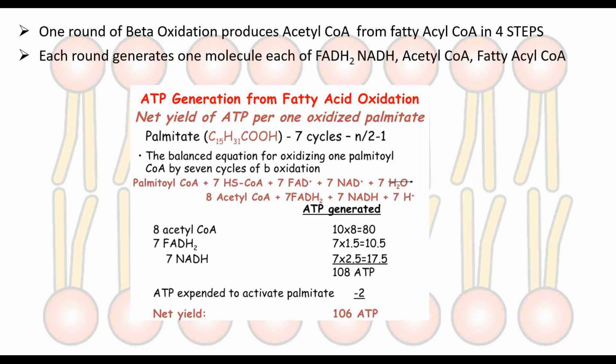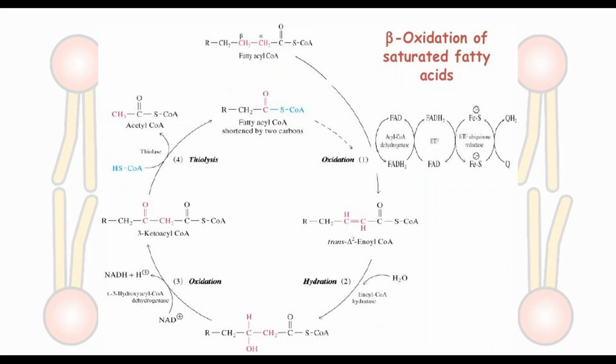The beta oxidation of saturated fatty acids containing an even number of carbon atoms is divided into 4 steps: oxidation, hydration, oxidation, and thiolysis or cleavage. And you can see over here that when you begin with a fatty acid acyl CoA, you end up with a new fatty acid acyl CoA which has 2 fewer carbon atoms than the previous one, because the 2 carbon atoms have been involved in the formation of acetyl CoA, and this acetyl CoA is going to enter the TCA cycle.